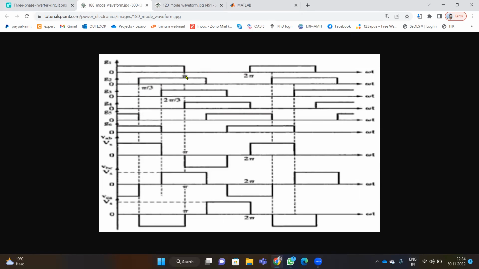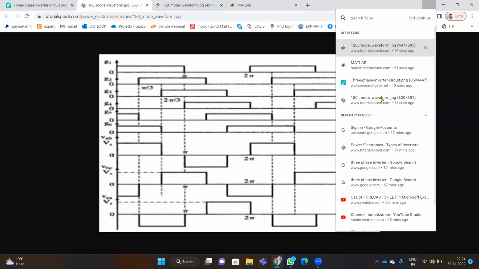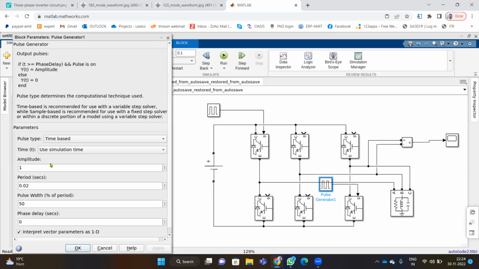So it will conduct from 60 degrees to 240 degrees. Accordingly, we need to set the pulse. So amplitude 1 only. The total time period has to be the same for all the pulses, otherwise your circuit won't work. Again, this will be working from 60 to 240, meaning 180-degree conduction mode. So 50% of the time period.